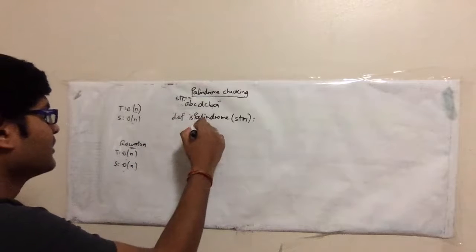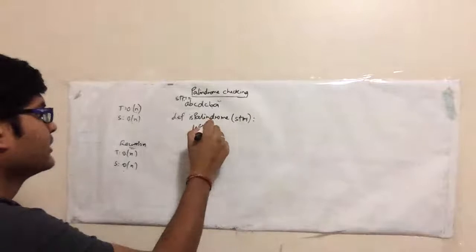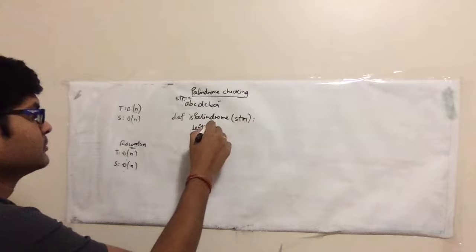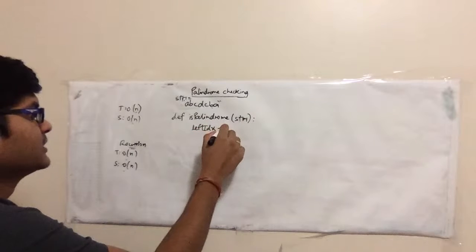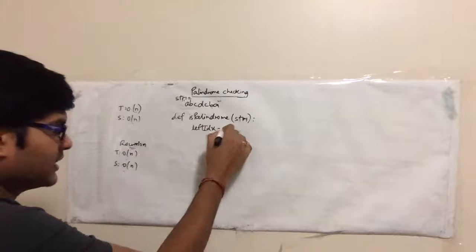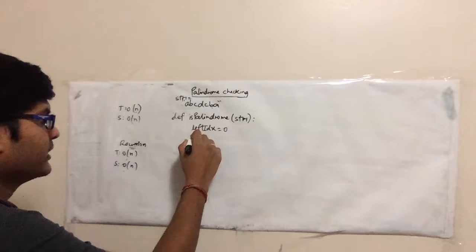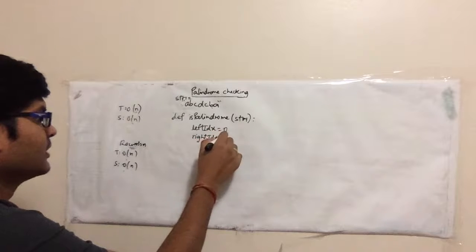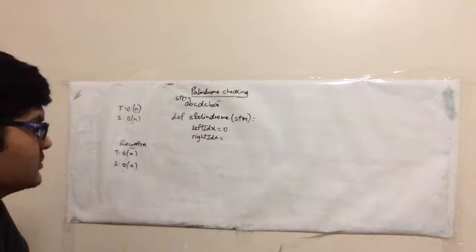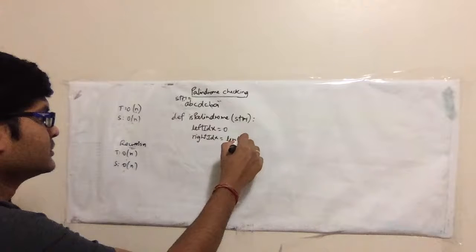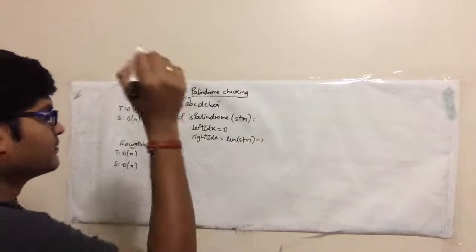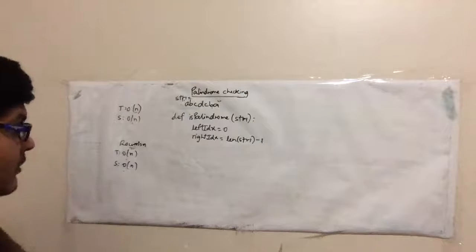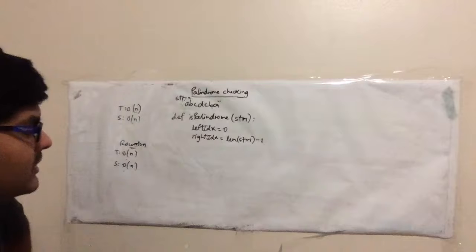So I will call the left index, the pointer which is initialized to 0 initially, and the right index, that will become equal to length of string 1 minus 1.